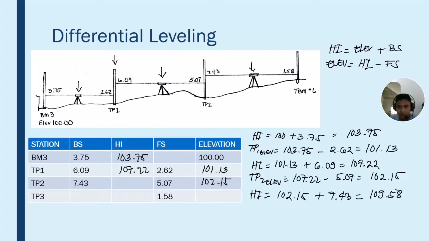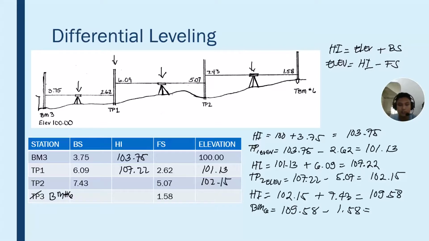For the final station, which is benchmark number 6, subtract again the foresight. 109.58 minus 1.58.